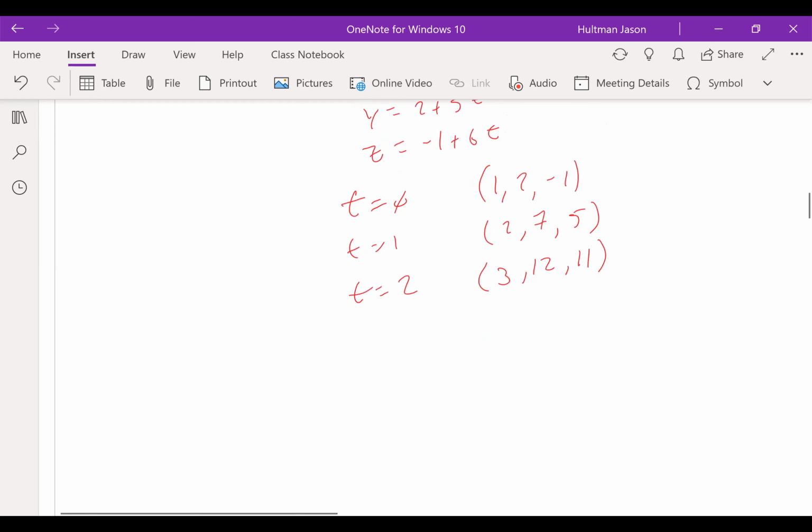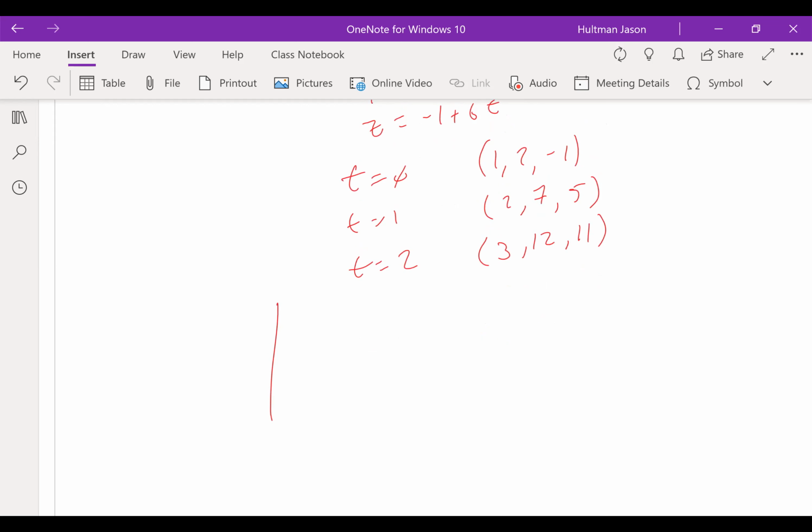So think about it: we're going to start when t is equal to 0. We're starting at 1, 2, and then negative 1, which is down here. And where are we going from this point in space? In the x direction, we're always going to go up 1.